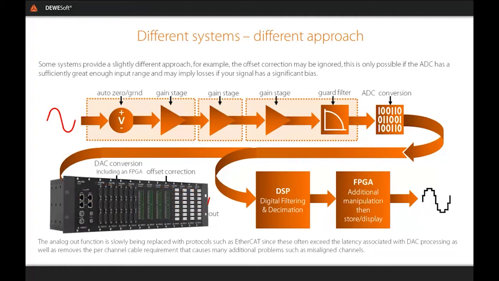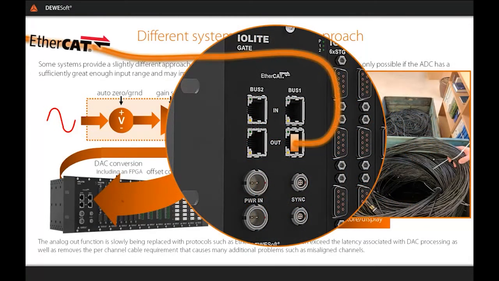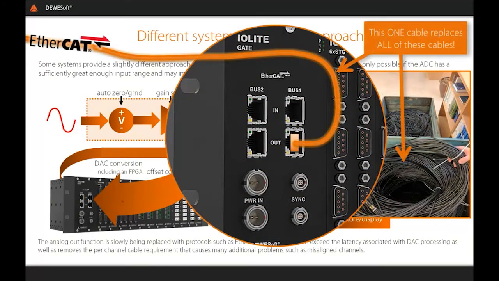Now, it's probably worth mentioning that this is considered to some degree to be old technology, as modern systems have added digital lines such as EtherCAT that oftentimes beat the latency of the original analog conversion as well. So effectively removing all of the analog cables and substituting them with a single communication line to the controlling system. So with a test involving, say, 96 channels, where you had to have 96 cables carefully identified, then routed to your controller system, you now have one.